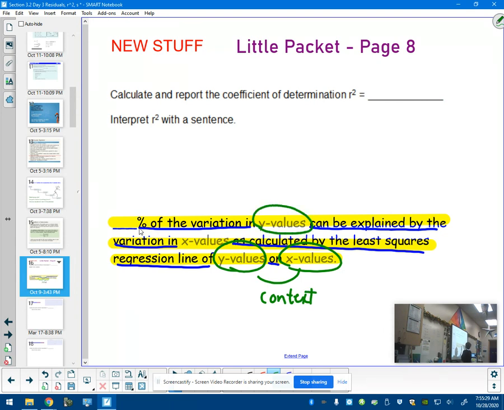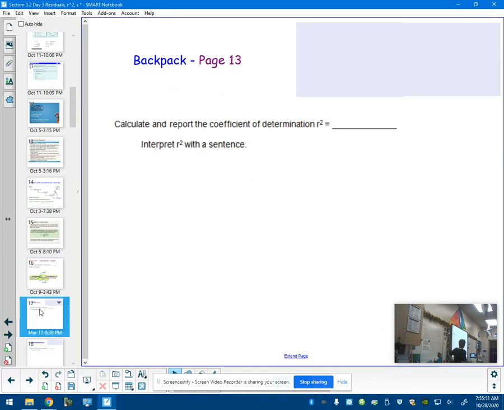And tomorrow when we watch a little video by the AP Stat guy, he does a phenomenal job at explaining this sentence and what R squared is really all about. But if we watch it right now, it will be kind of a waste because you don't really know enough about it to appreciate what he's going to do for us tomorrow. Okay, so let's go to the backpack.